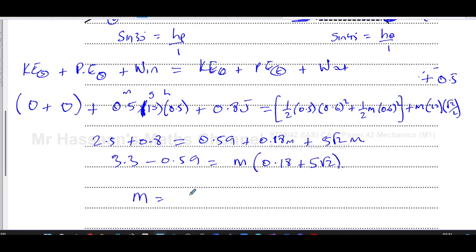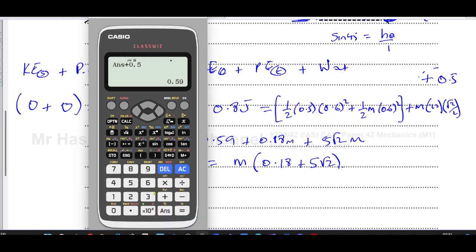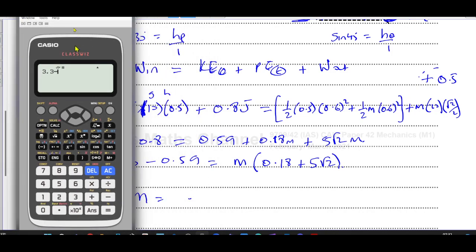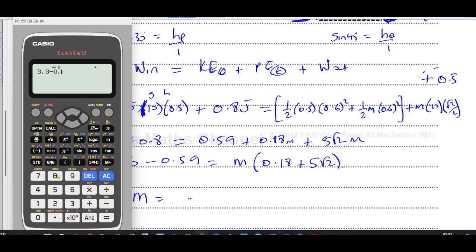So m, which we have to find, is 3.3 minus 0.59, which I can actually write down the value of. 3.3 minus 0.59 gives us 2.71.